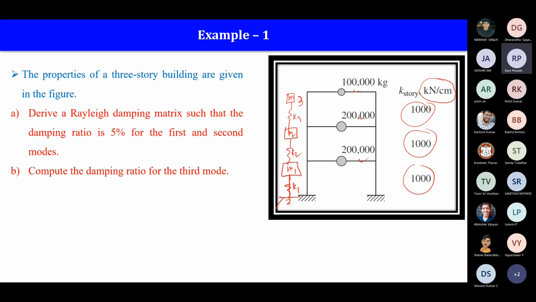So only the omega are required. I am asking the question: are the mode shapes required or not? Is my question clear? Sir, mode shape is not required. Yes, that's all.